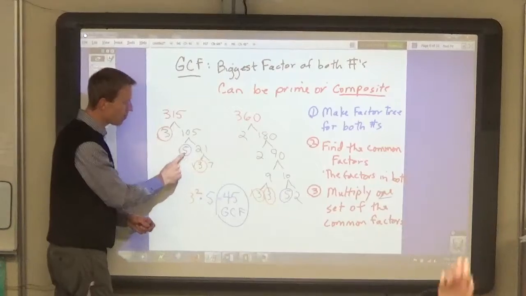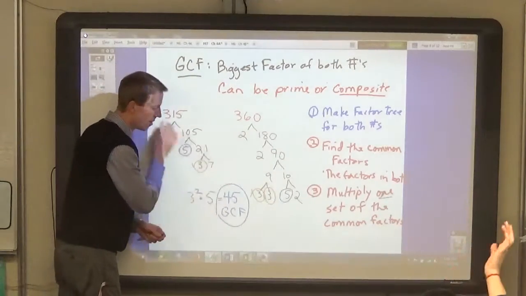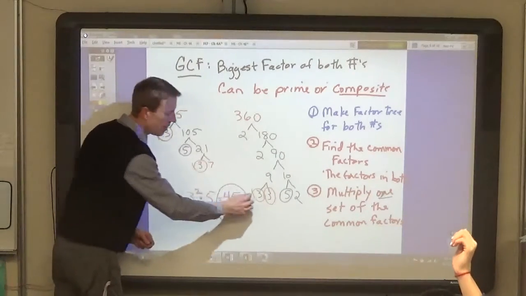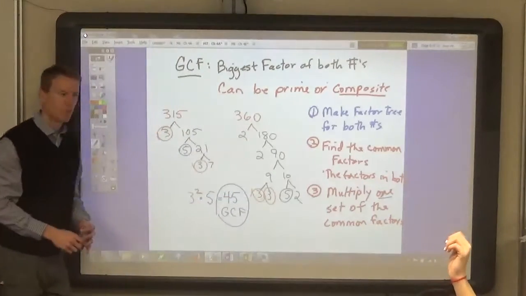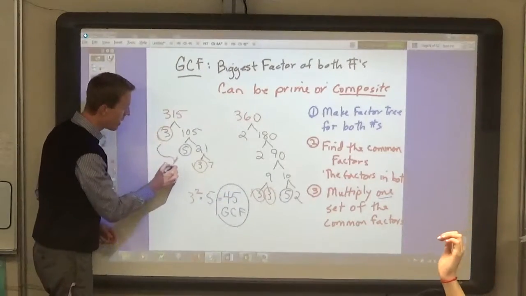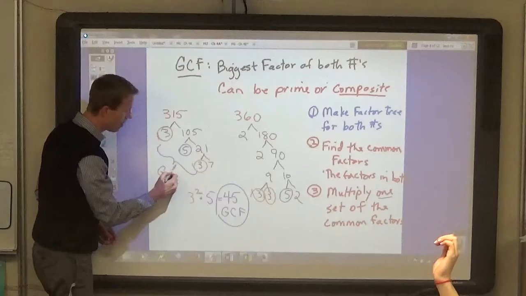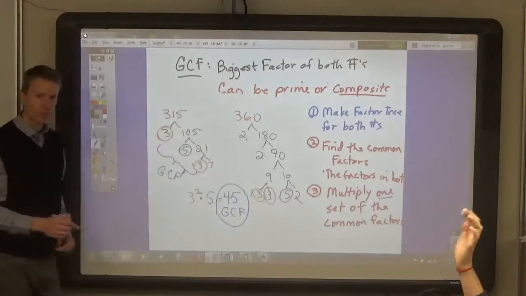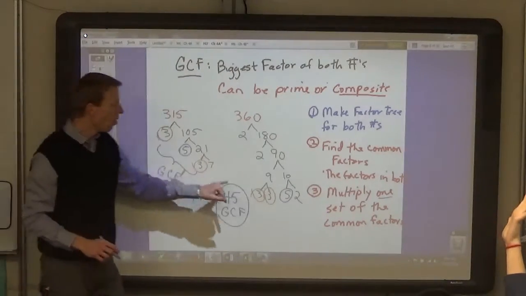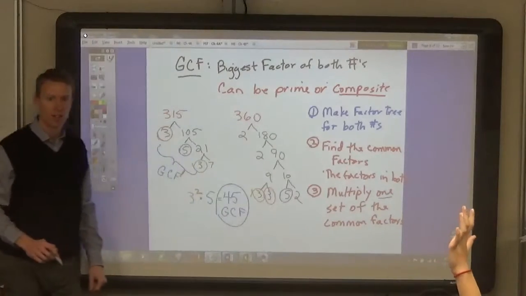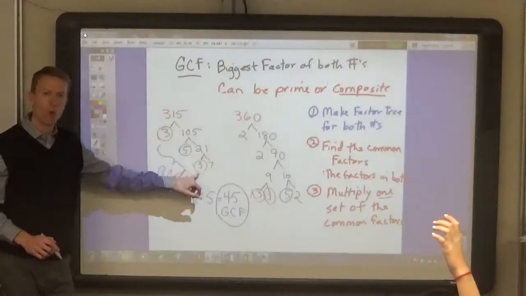There's 3 times 5 times 3. This is one set of these numbers, and this is one set of these numbers. We only use one set to find the greatest common factor. Don't multiply all of the numbers together. Multiply the numbers from one set.